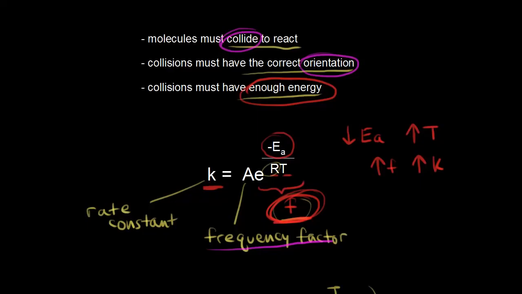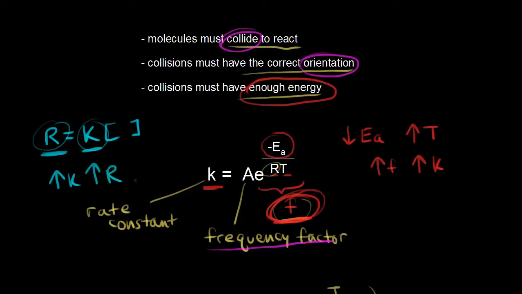And remember from our rate laws, R, the rate of our reaction, is equal to our rate constant K times the concentration of whatever we are working with for a reaction. Here I just want to remind you that when you write your rate laws, you see that the rate of the reaction is directly proportional to the rate constant K. So if you increase the rate constant K, you're going to increase the rate of your reaction.